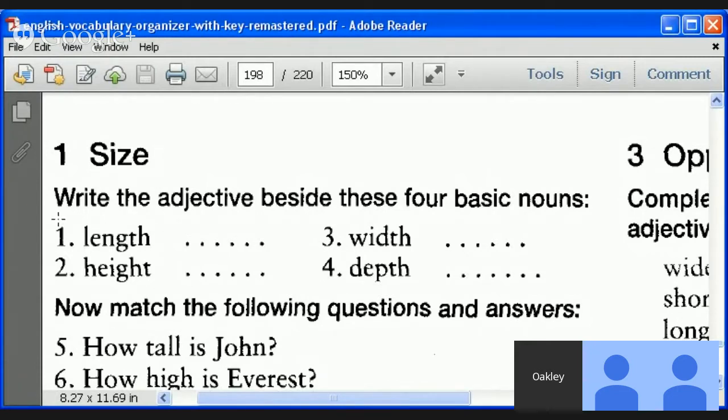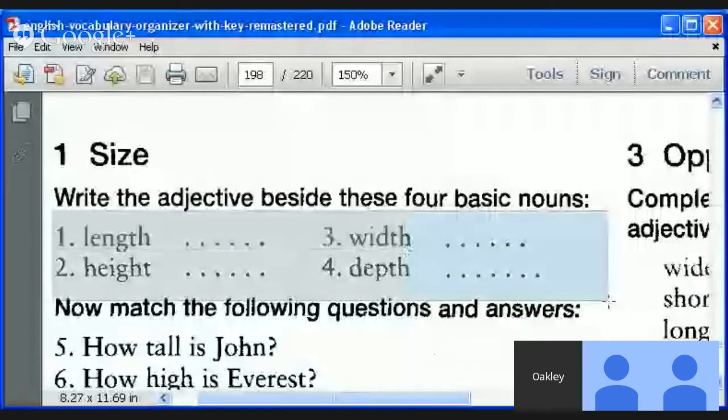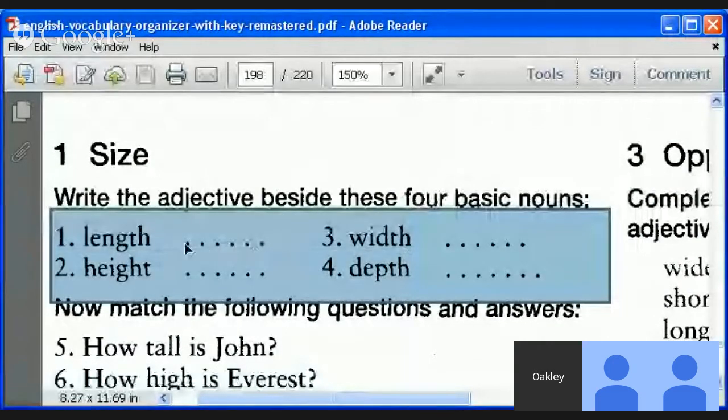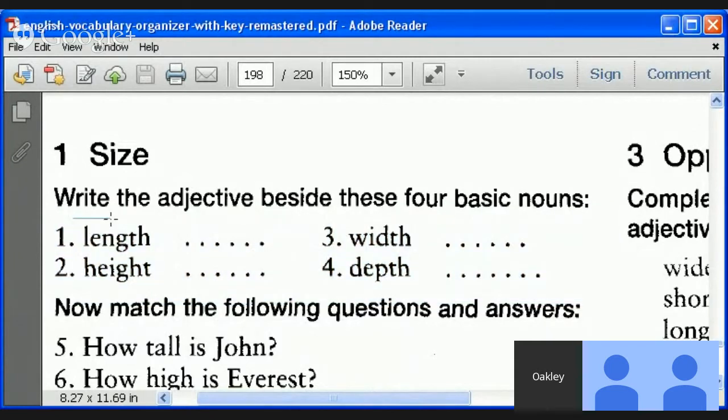These are 4 basic nouns which we use to describe size here. These 4 basic nouns also have an adjective form. What is it? Natalia, what is the adjective form of length?